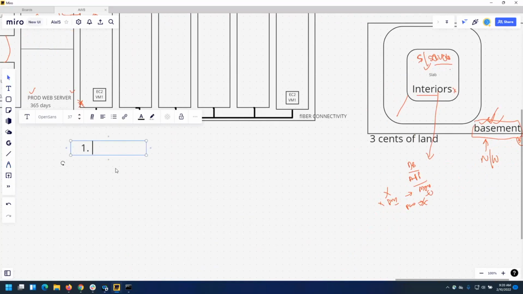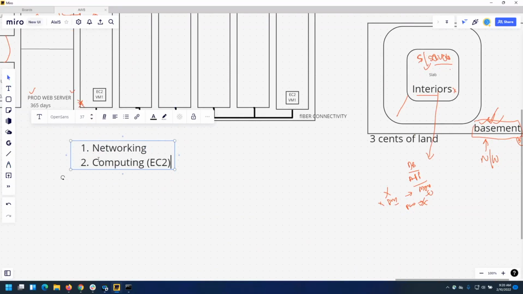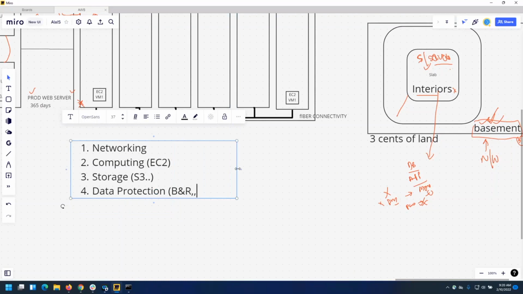One is networking at first stage, and computing, which is EC2 in our AWS, storage, which is S3, and so on, other associated services, and then data protection, which is your backup and recovery, as well as BCDR, business continuity and disaster recovery.